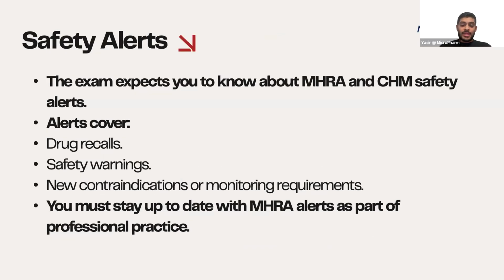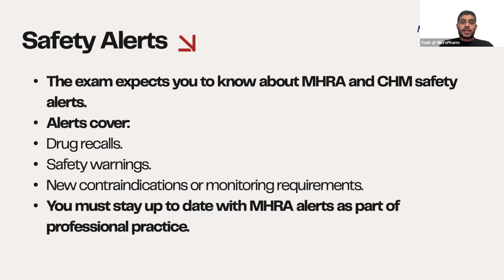Okay, so there is special dedication in the framework when it comes to safety alerts. The exam does expect you to know about MHRA and CHM safety alerts. These are found within their respective monographs in the GPhC exam.